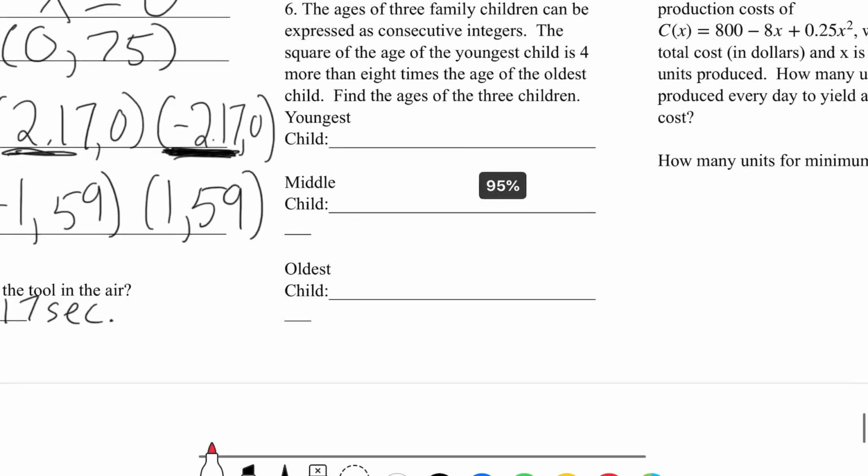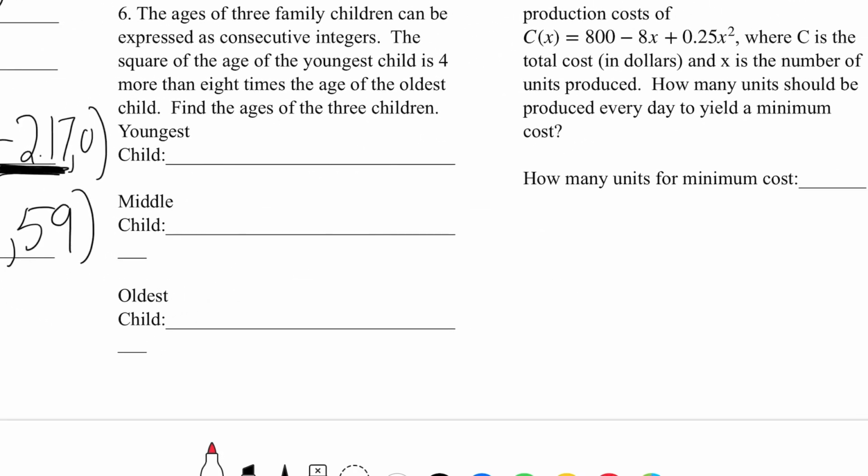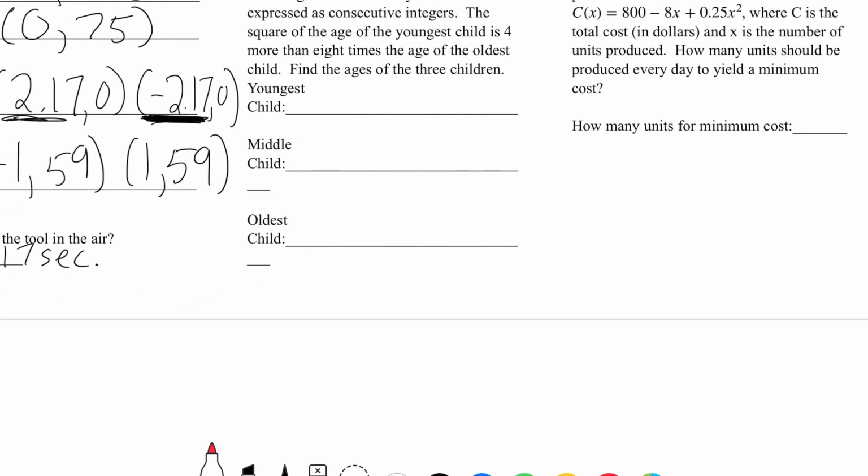Number 6, a lot of you struggled with. Number 6, we have, and I'm going to come down here, consecutive integers for the 3 family children. So our first kid, our first age, is going to be represented by x. Our second age is going to be represented by x plus 1.